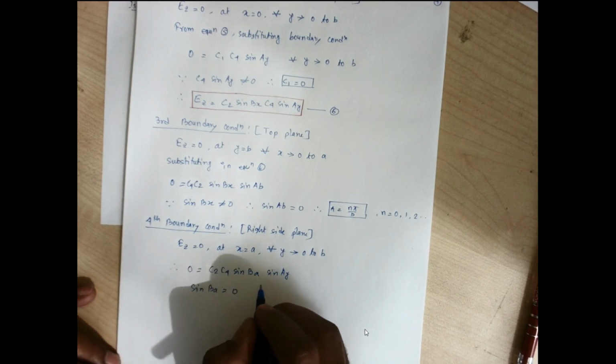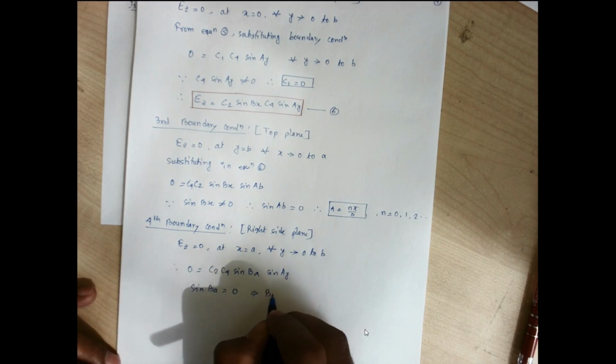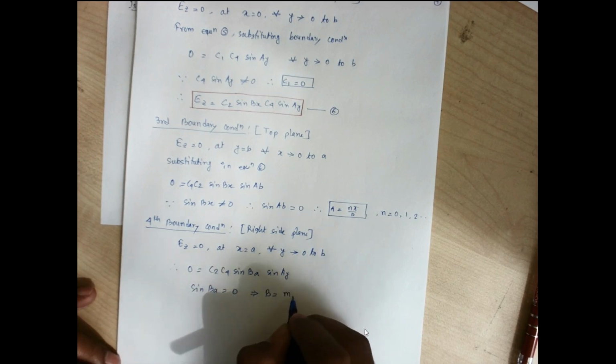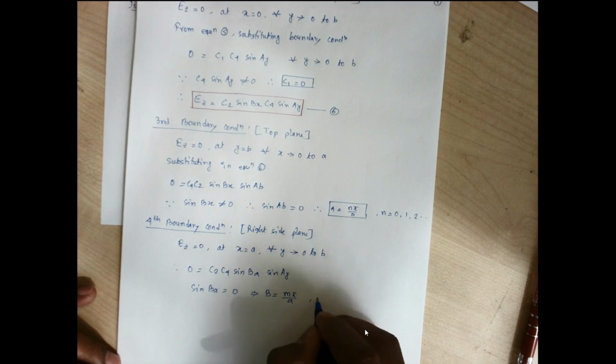Therefore here we can find b is equal to, let us take another variable, m pi by a. Here m is equal to again 0, 1, 2 like this.